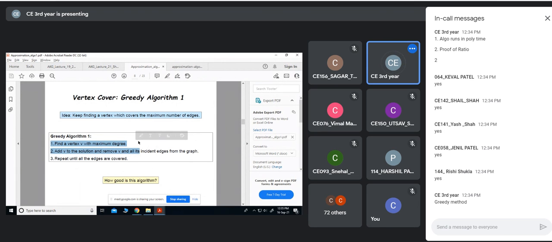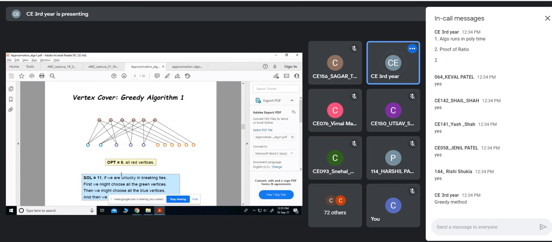Find a vertex V with the maximum degree, add that vertex to the solution, remove that vertex and all its incident edges from the graph, and repeat this until all edges are covered. Remember, this is not randomized. It's a greedy way, because I am choosing a vertex with maximum degree and then progressing. How good is this algorithm?